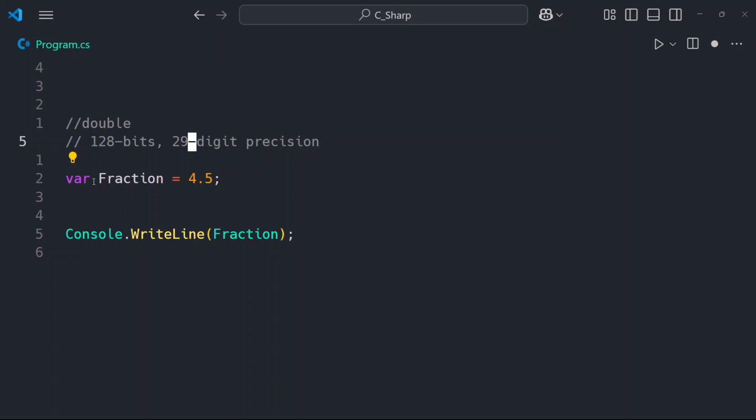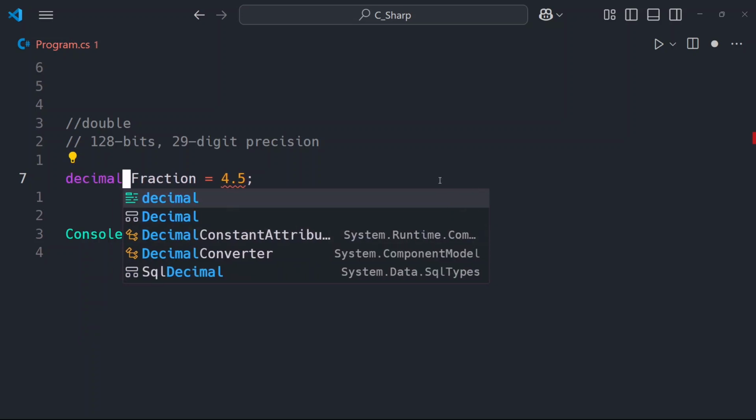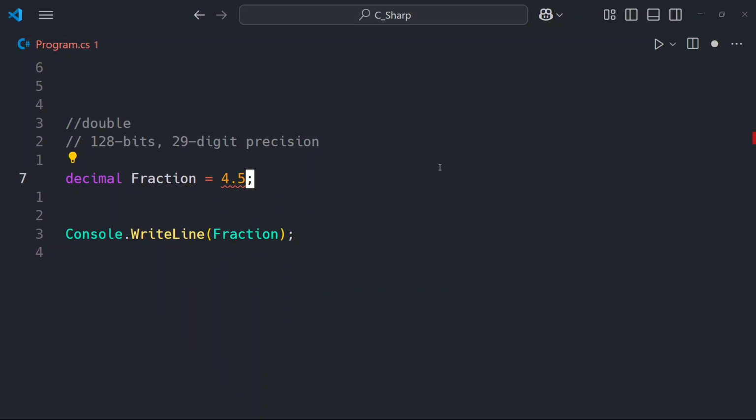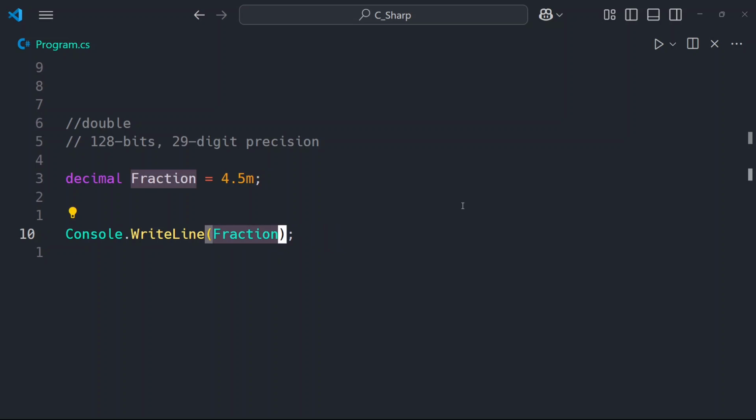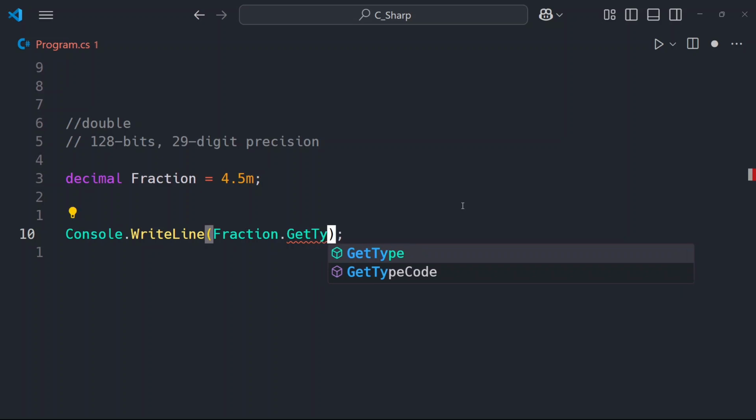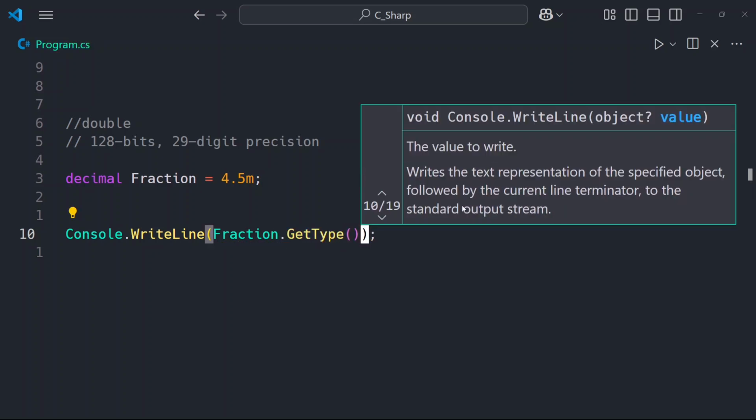You can denote decimals with the letter M. I know some of you who are new to C# would have thought it would be letter D. Anyways, it's letter M. And here, we can get type, so let's see.